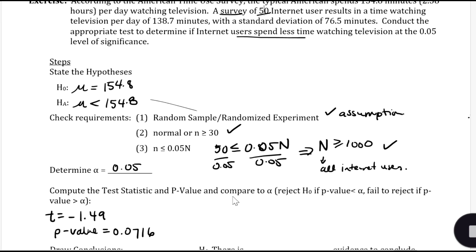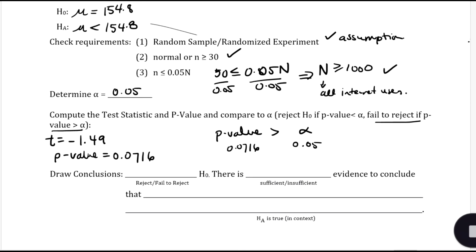So then we compare our p-value to our alpha. Our alpha is 0.05, my p-value is 0.0716, my p-value is greater, and so we fail to reject our null hypothesis. So we fail to reject H naught. There's insufficient evidence to believe our claim is true.